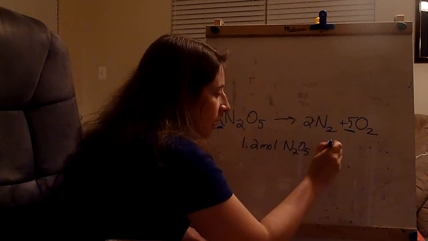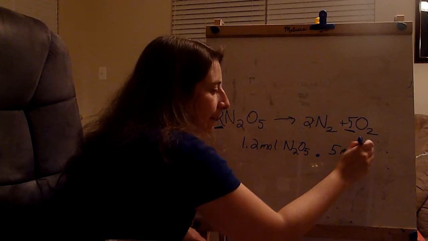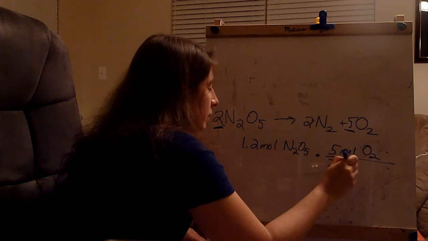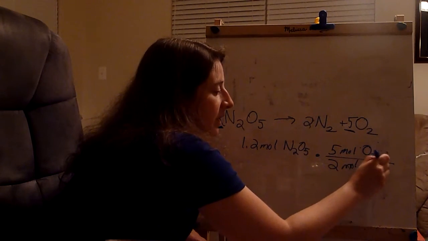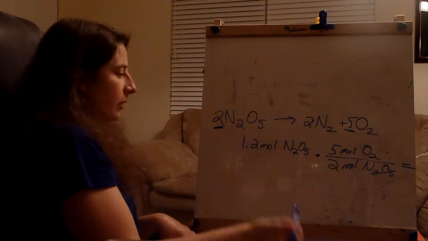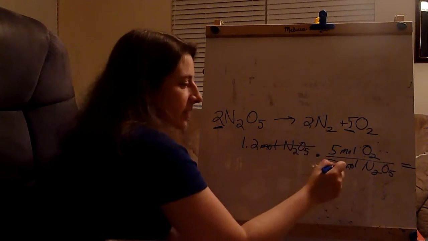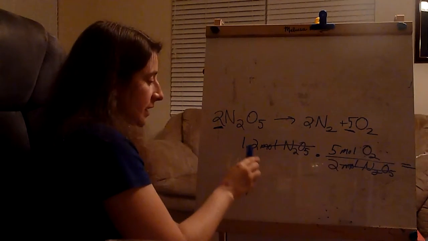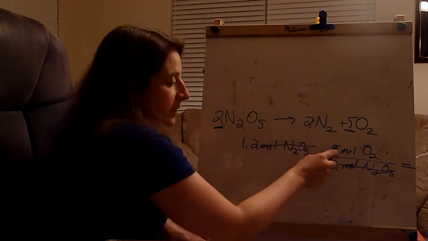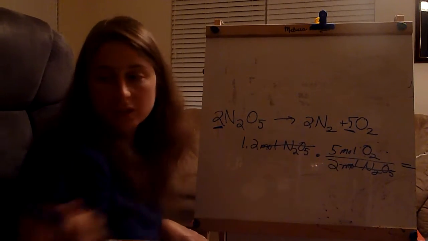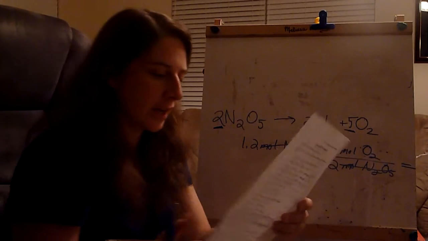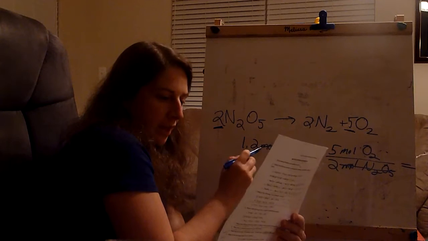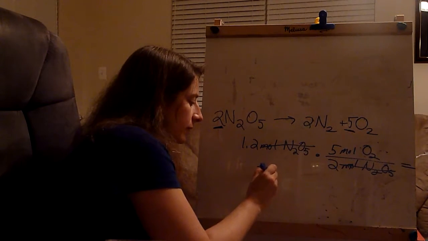So moles of dinitrogen pentoxide would cancel out here. I use my stoichiometric coefficients here. I say 1.2 times 5 divided by 2 equals, and I get 3.0 moles of oxygen.